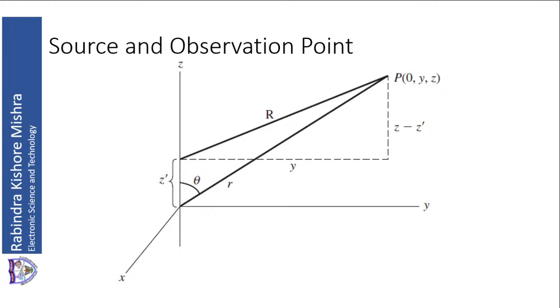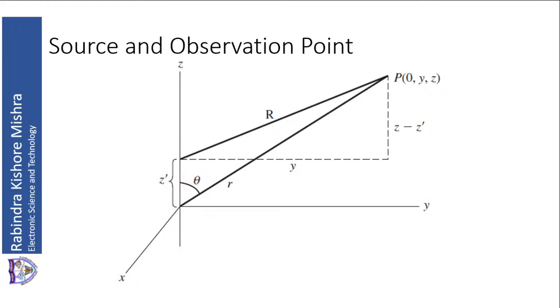So when z is equal to z dash, from that point, I consider the distance of the observation point, that is capital R. Now what we will do is, from the position z dash along the z axis, we draw a line which is parallel to the y-axis.